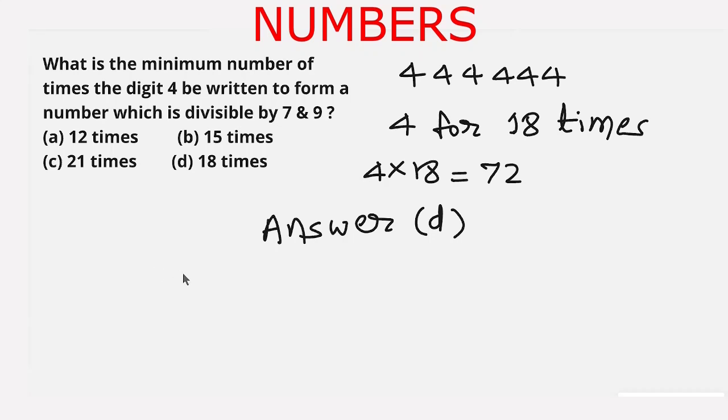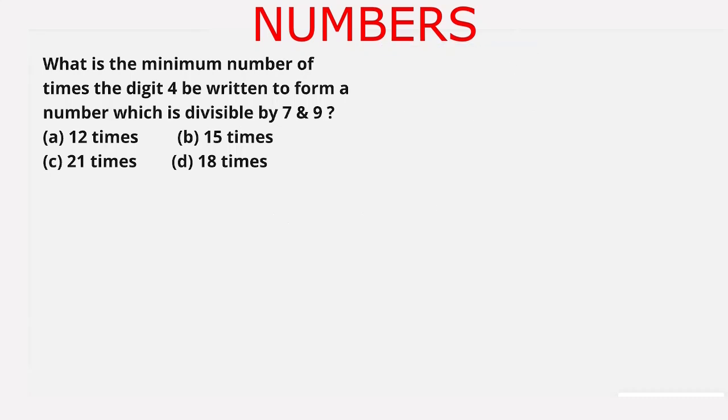Now I want to give you some extra knowledge so that if some questions come in any competitive exam, you can solve them. So first I erase this. If the question is not for 4 but for 1, then how many times should 1 be written to make it divisible by 7 and 9?